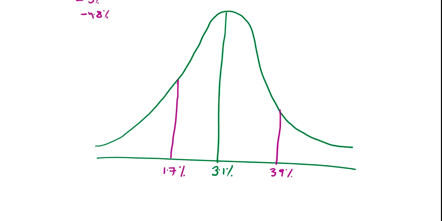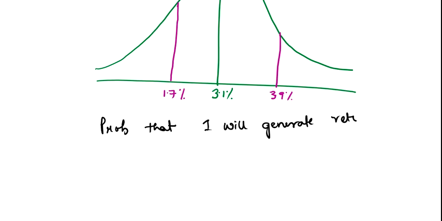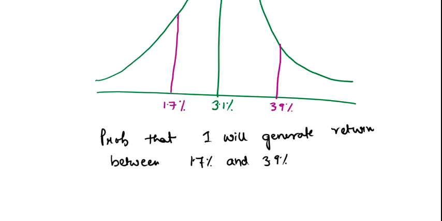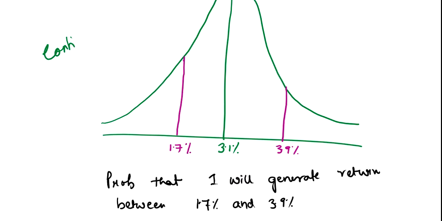Write down, I want to know the probability that I will generate returns between 1.7% and 3.9%. Clear?